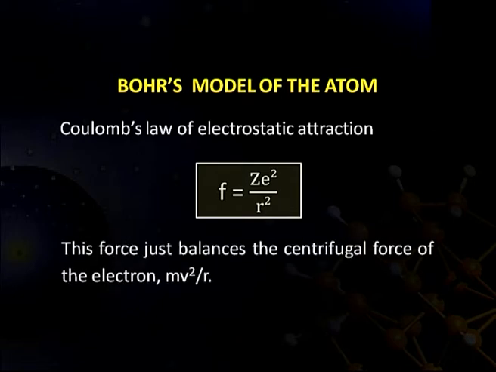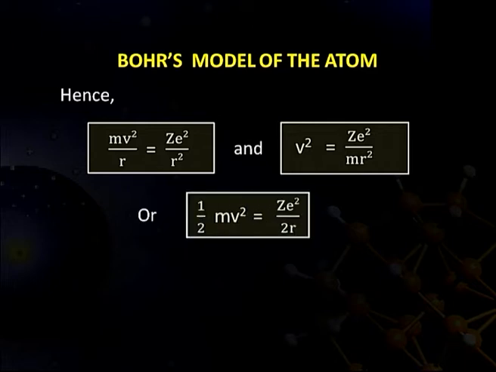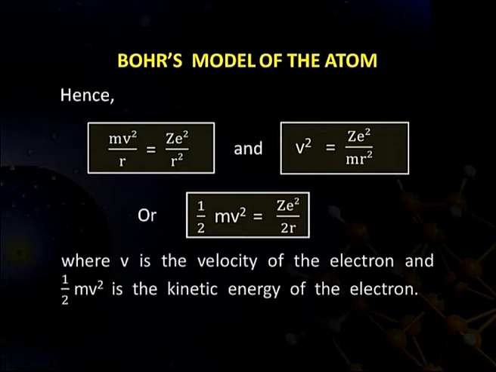This force just balances the centrifugal force of the electron, that is mv² upon r. Hence, mv²/r = Ze²/r², and v² = Ze²/mr, or ½mv² = Ze²/2r, where v is the velocity of the electron and ½mv² is the kinetic energy of the electron.